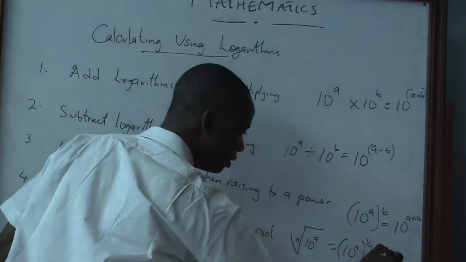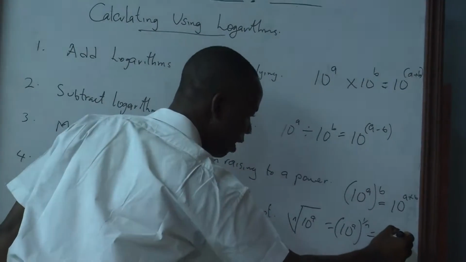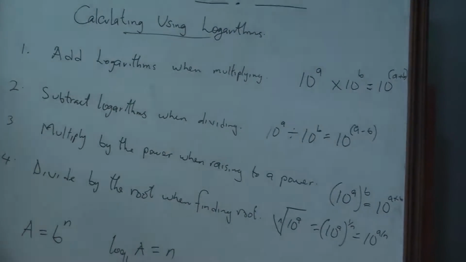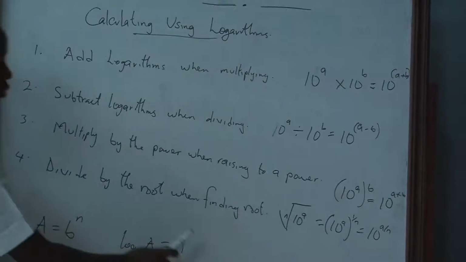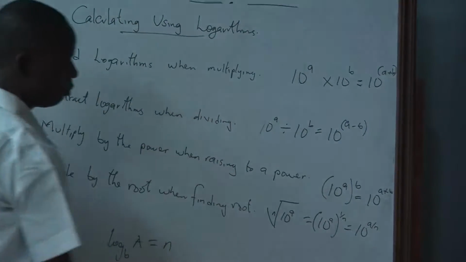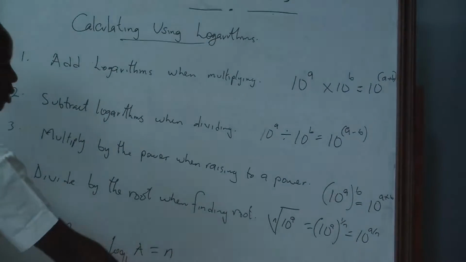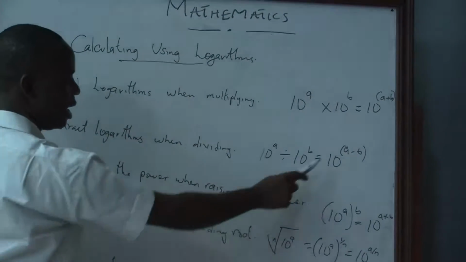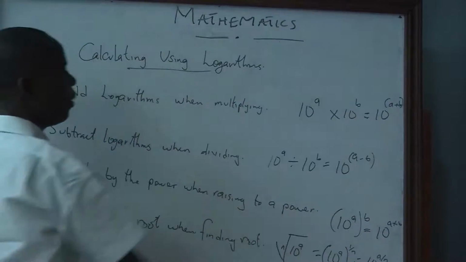And this equals 10 raised to the power of A over n. We are dividing. So you can see, we divide by the root, the nth root. Here we are multiplying, here we subtract, and here we are adding.